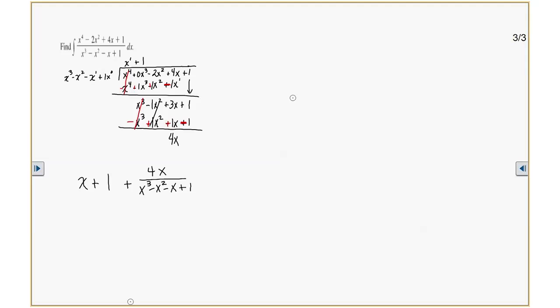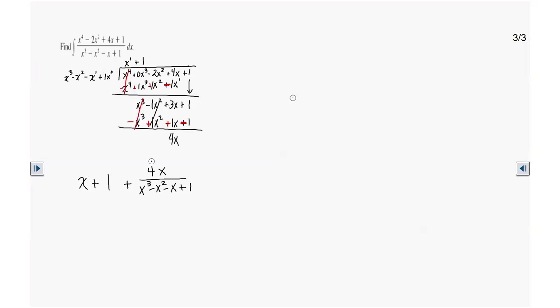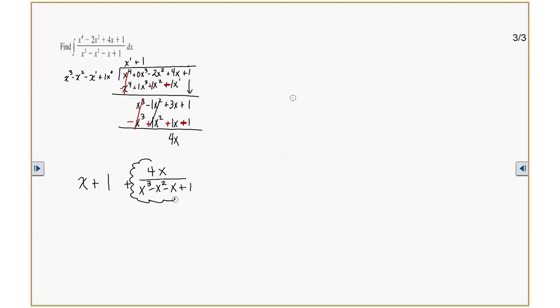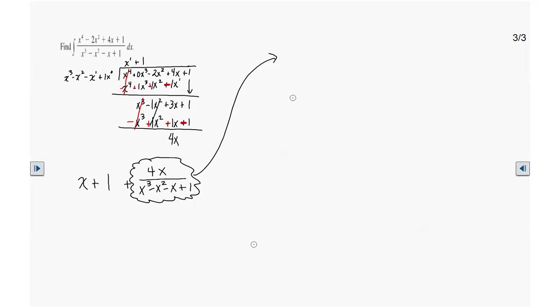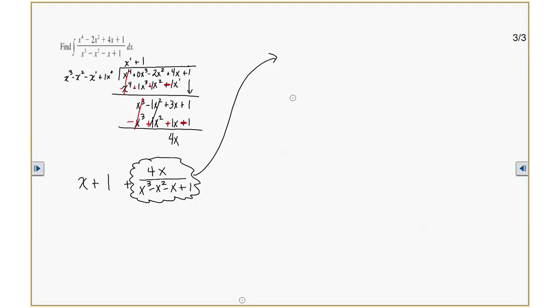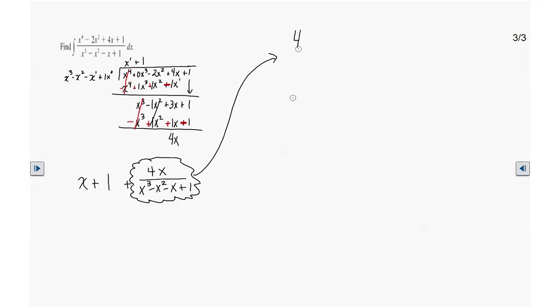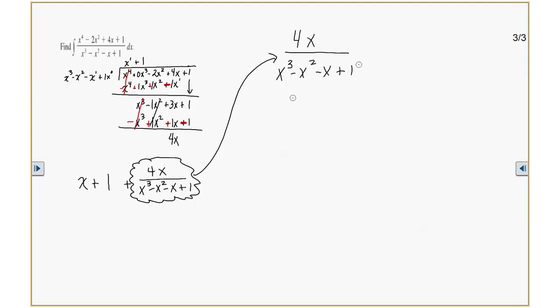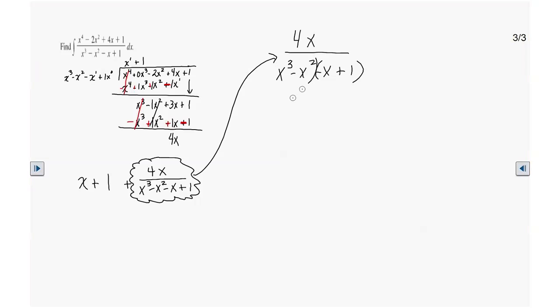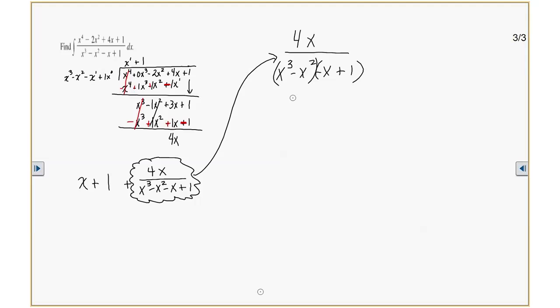What do you do with a 4-term polynomial? You factor it. So I'm just going to concentrate on this right here. So we're going to pull this over here. And 4x over x cubed minus x squared minus x plus 1, group the first two, and group the last two.